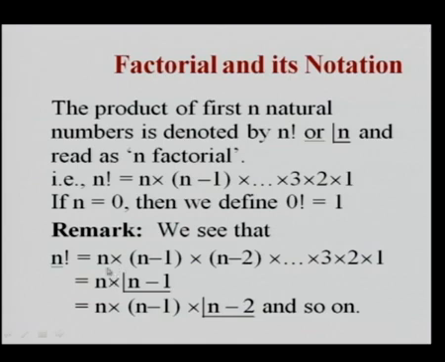Similarly, factorial n can be written as n, n minus 1 as it is, then n minus 2, n minus 3 and so on, 3 into 2 into 1. This is the product of the first n minus 2 natural numbers. So factorial n can also be written as n into n minus 1 into factorial n minus 2, and so on. We can break factorial n at any place.